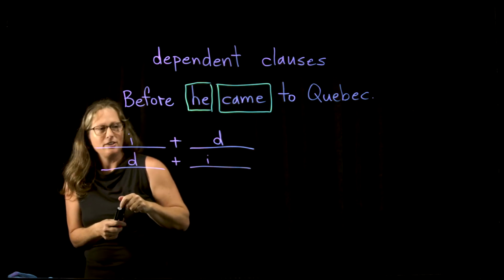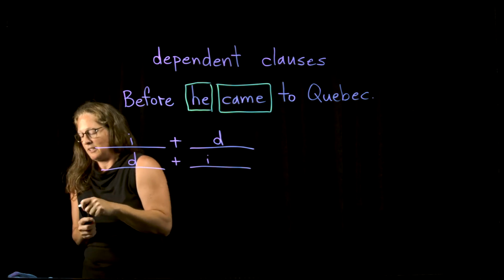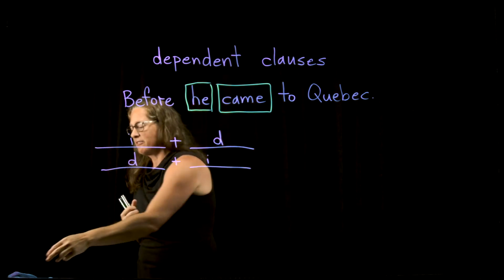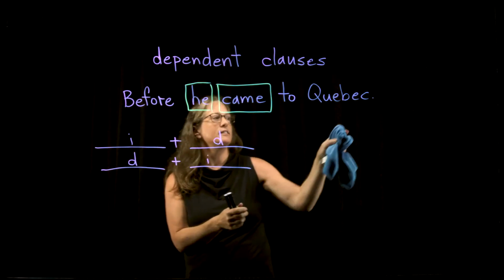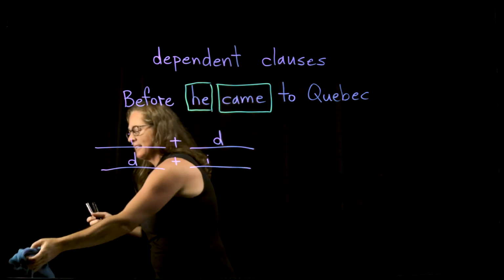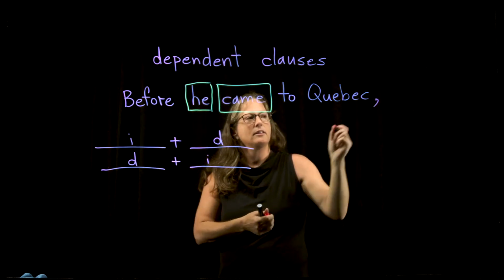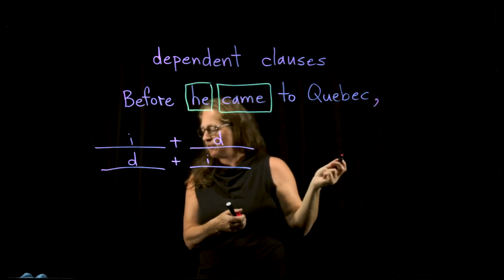So just to give you an example, if we want to make this a complete sentence, we're going to have to add an independent clause. So I'm going to add it after. I'm going to put a comma here to show where the clause ends and the other one begins.